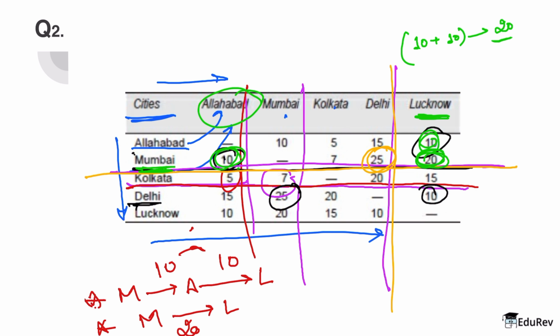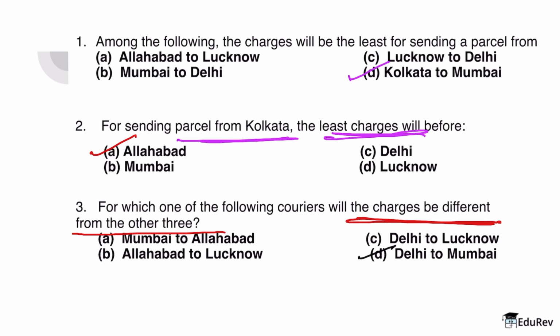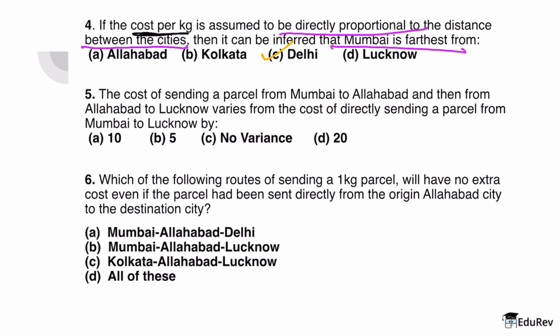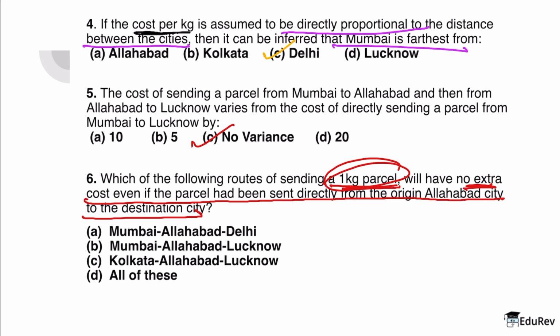So if I add, this is also going to be 20, which means there is no variance in the cost. So what is going to be the answer? No variance.